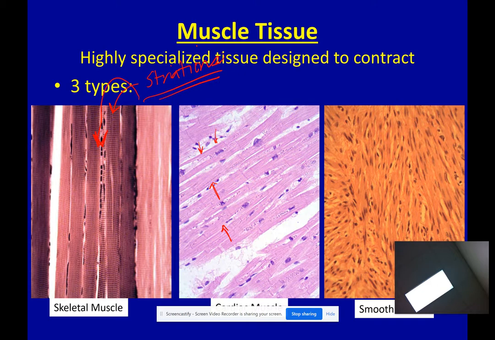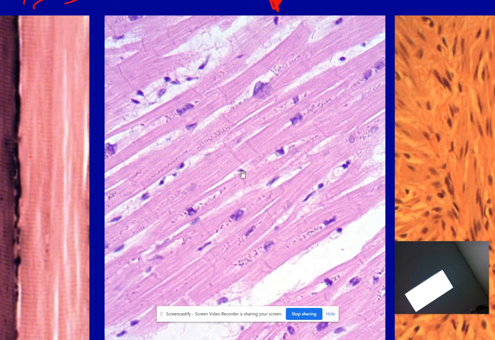Cardiac muscle does look very, very similar. It's got the striations as well. It's got the little stripies as well. But if you look really close, you'll notice that some of these stripies are very dark in comparison to the other little light banding.